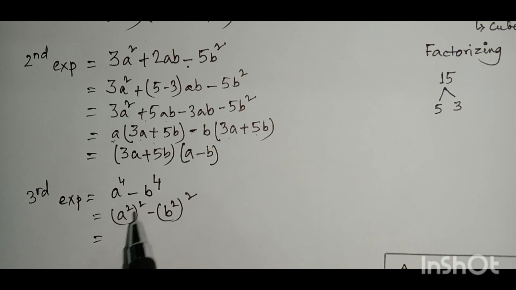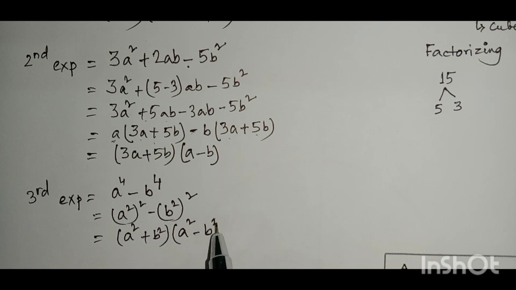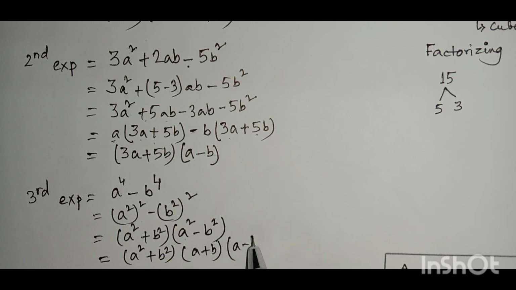This whole thing is a square, and this is b square. A square minus b square is equal to a plus b, a minus b. Again we can see that here is a square minus b square. It can be further factorized, so it will be a square plus b square, and this one is a plus b, a minus b.